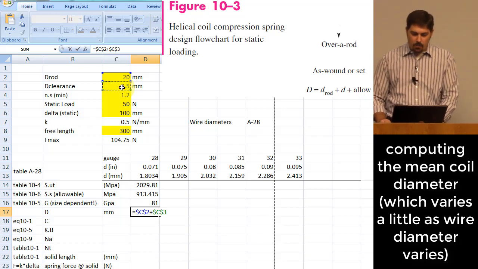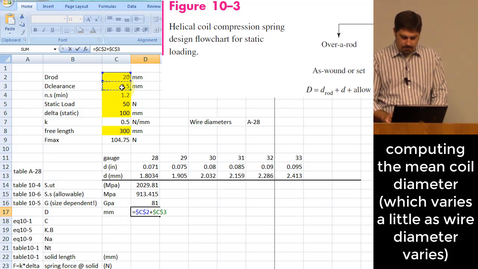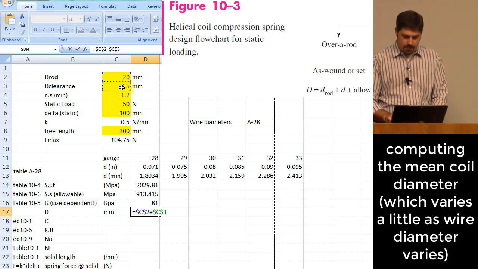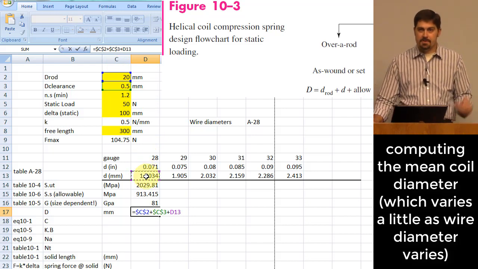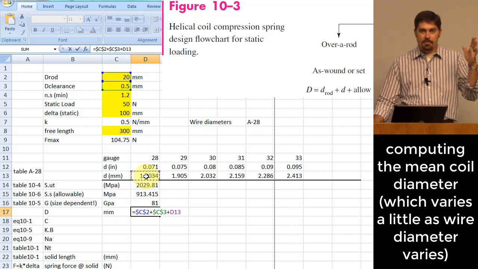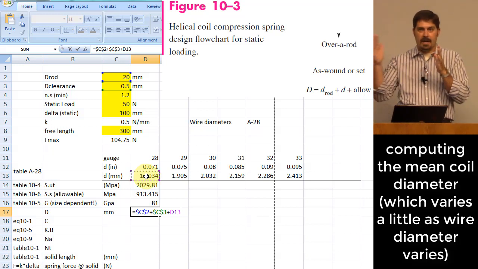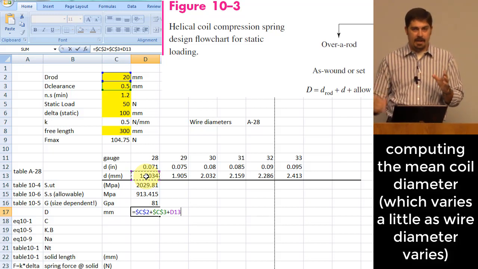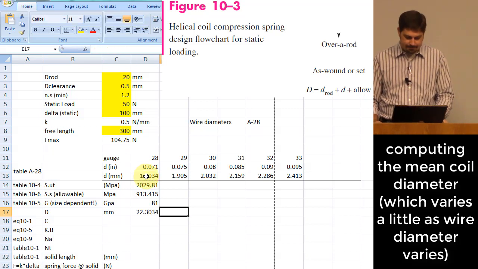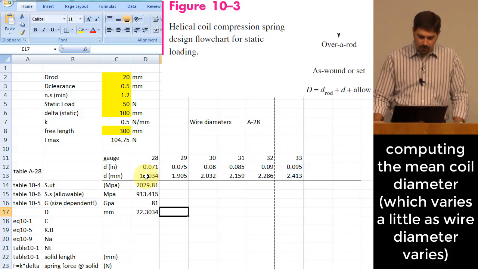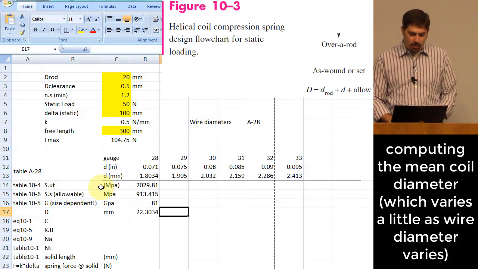All right, and then what else? Okay, plus the diameter of the wire. And I won't lock that one in because I plan on being able to copy these formulas to the right. And so I want that to actually update as I copy to the right. Okay, so that's my mean coil diameter.